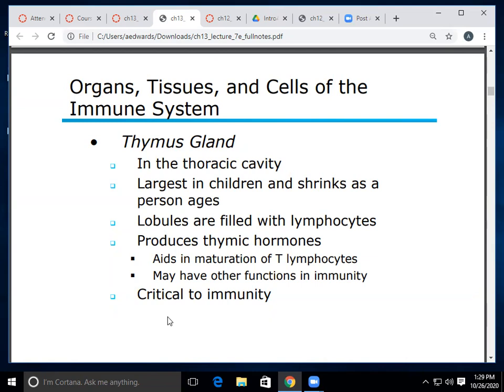The lobules of the thymus gland have lymphocytes in them, and they also produce thymic hormones. Remember the endocrine system? Thymus was an endocrine organ. These hormones help T lymphocytes mature, and it's possible they can do other things for immunity as well. So they're extremely critical to your immune system.